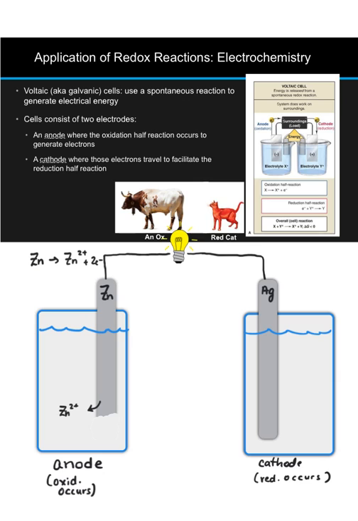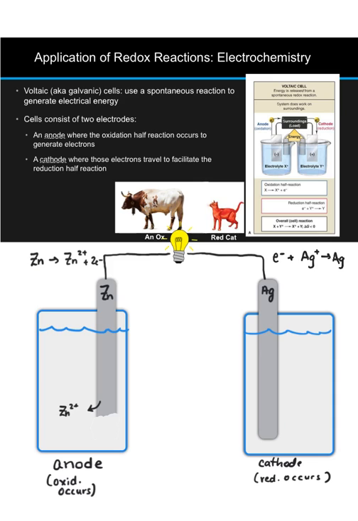Meanwhile, on the other side of our reaction, at the cathode, reduction is occurring. Electrons that are traveling to our cathode meet up with our silver electrode. Those electrons could react with silver cations, if there are any in solution, and generate even more metallic silver at that electrode.